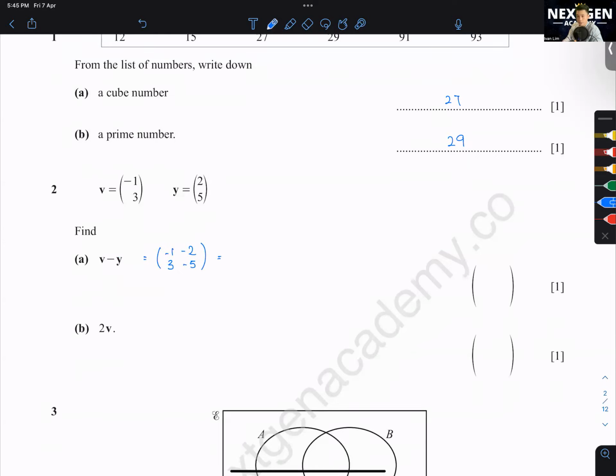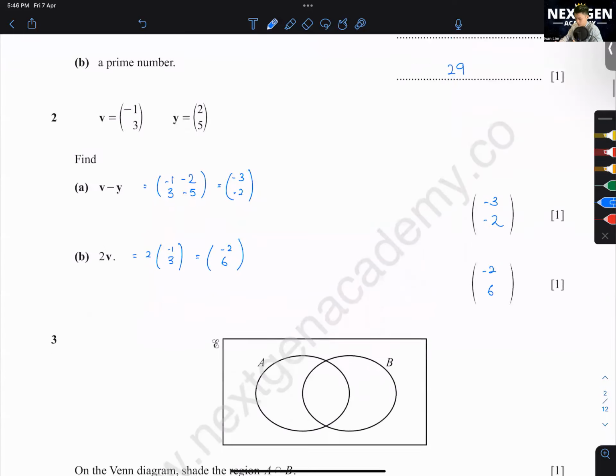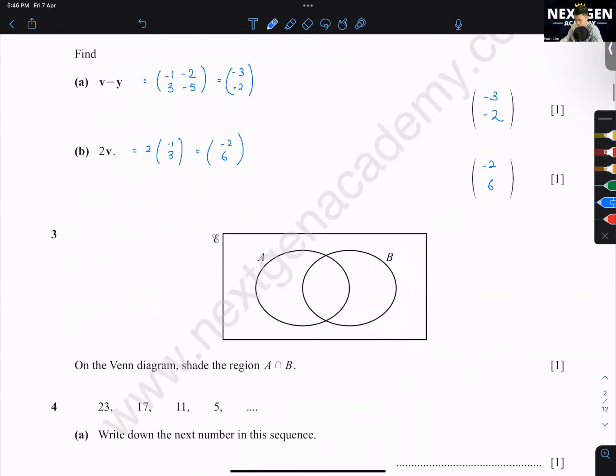So negative 1, negative 2 will become negative 3. 3 minus 5 will become negative 2. 2v means 2 multiplied by the vector v. This will become negative 2, 6.